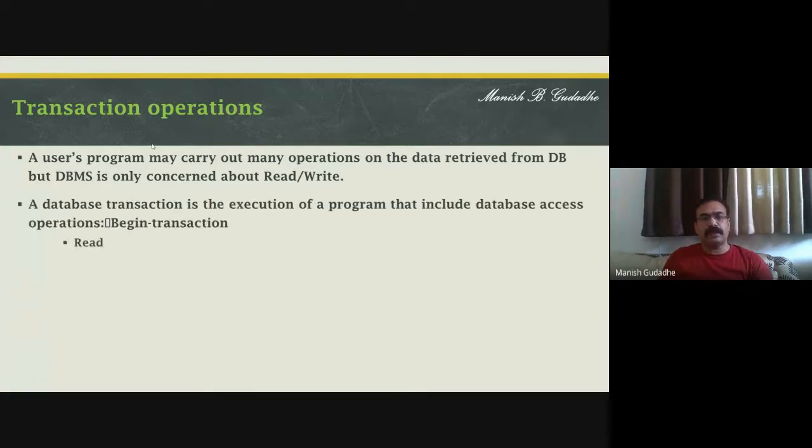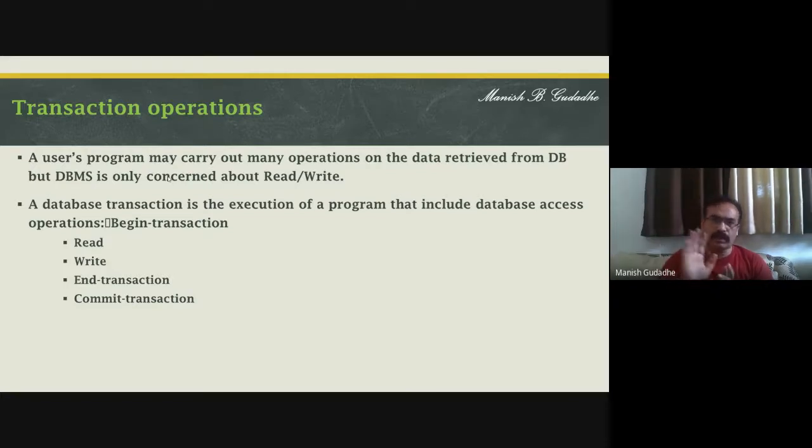So the DBMS transaction is the execution of a program that includes database access operations, and which has begin transaction, read, write, and end transaction operations. And now after end transaction, the commit transaction, as I said. So like the example we saw, A is equal to A minus 50 and B is equal to B plus 50 are actually the operations which you are performing on the retrieved data.